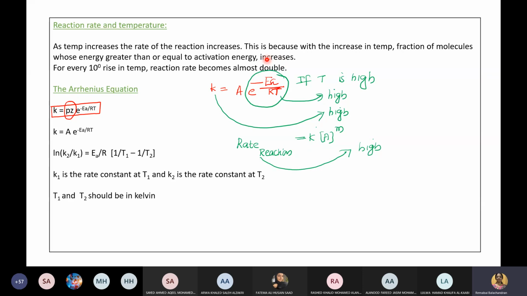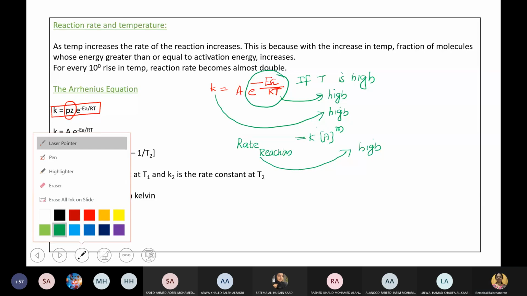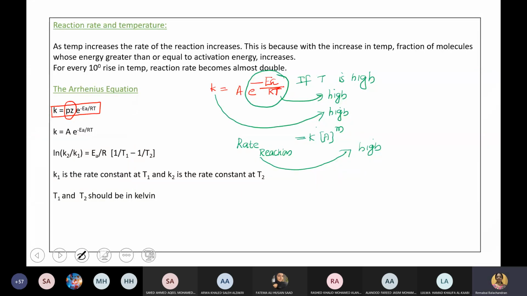It will not change with temperature. What is changing? The number of molecules is changing. The number of molecules increases, not the energy, and the fraction of molecules increases.